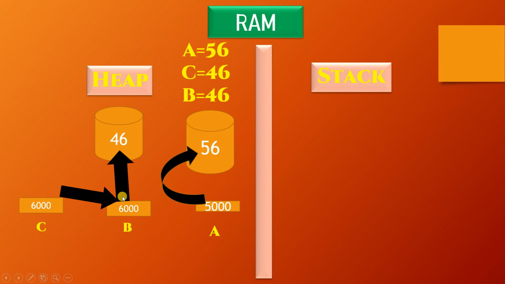Now let me tell you, when you create C is equal to 46, Python creates an object. It always creates in terms of objects. See here, B is 46, C is 46. Both the variables have the same value, so Python will not create one more object for this.